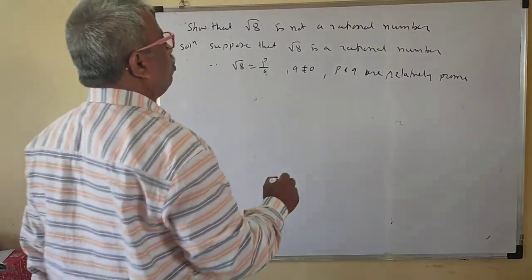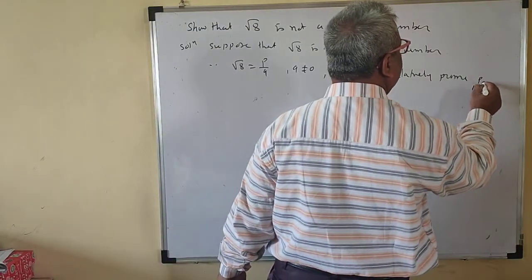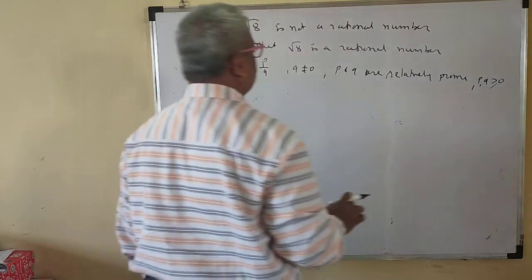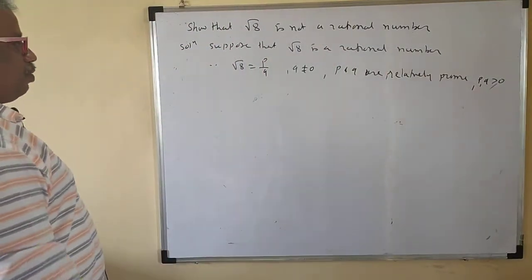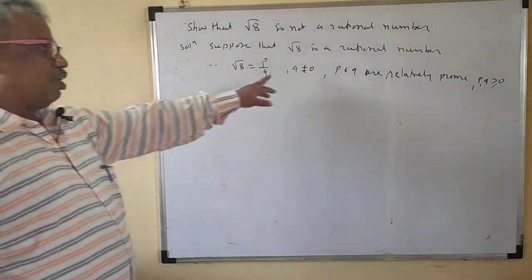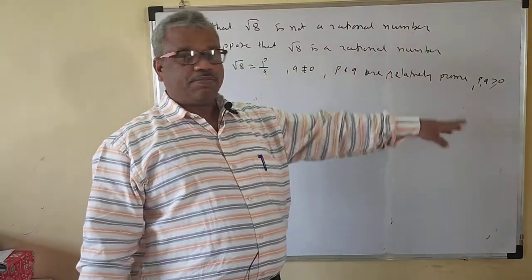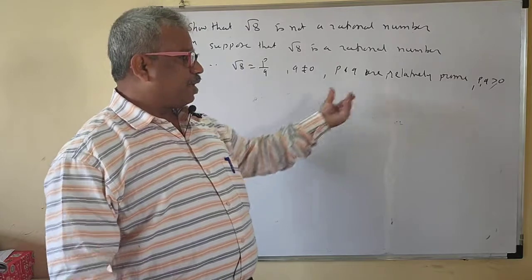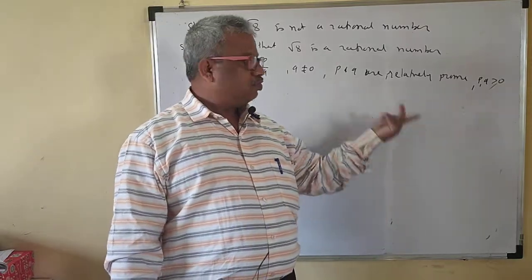Okay, so we'll take P and Q positive also, greater than 0. This is our choice. They are relatively prime, and P and Q are positive. We have taken this.